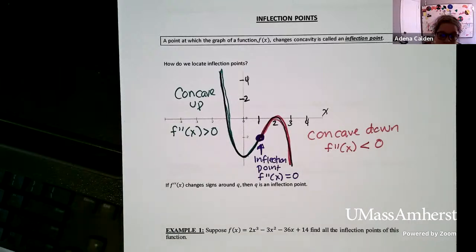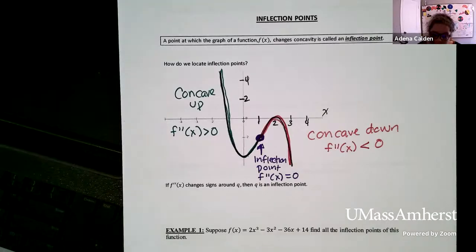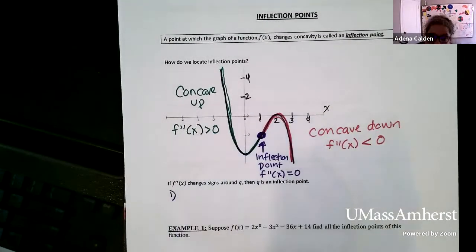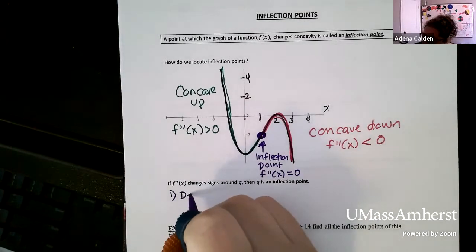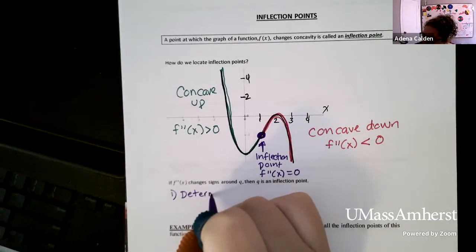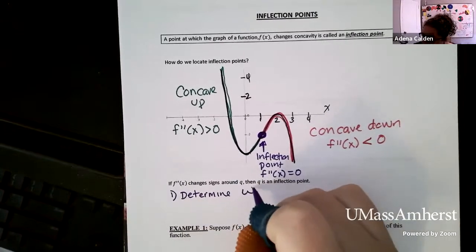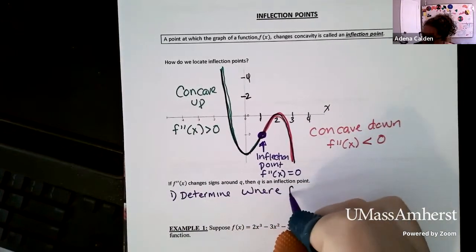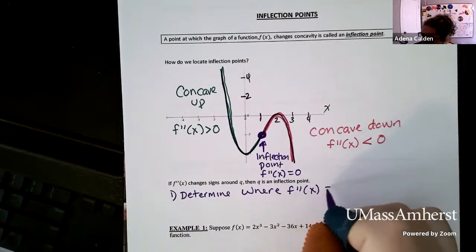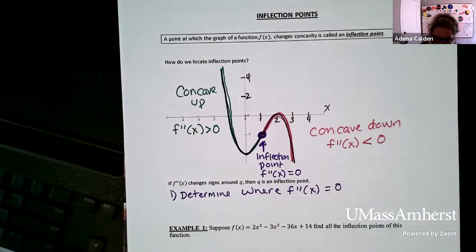So what does that mean for identifying inflection points, for working with inflection points, and all the types of things we want to do in terms of mathematically determining these types of things? So the process for thinking about and finding inflection points is step 1, determine where the second derivative equals 0, okay?